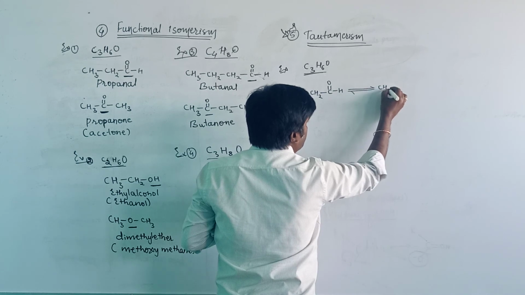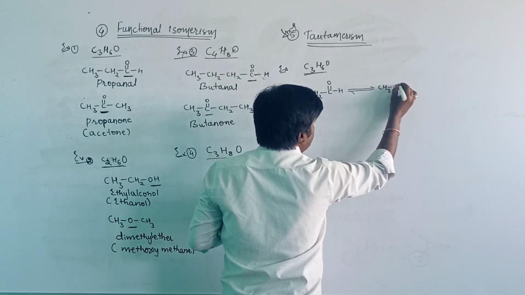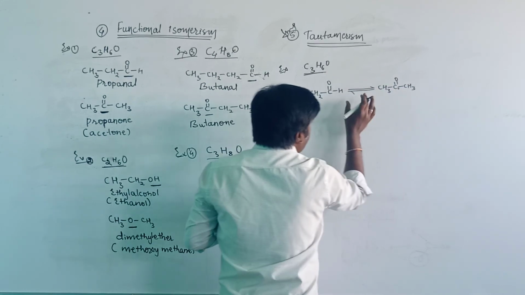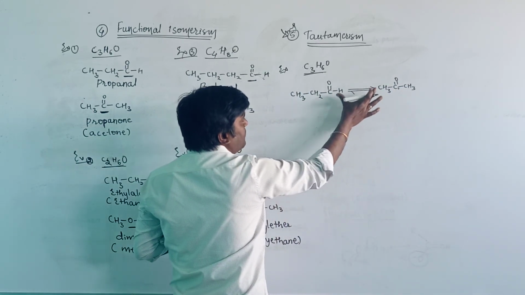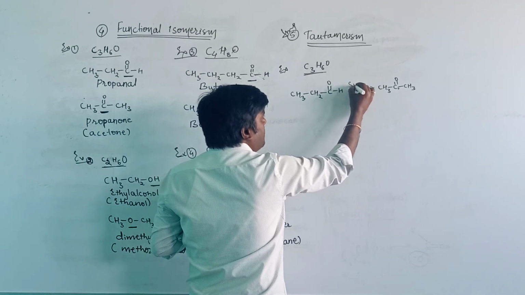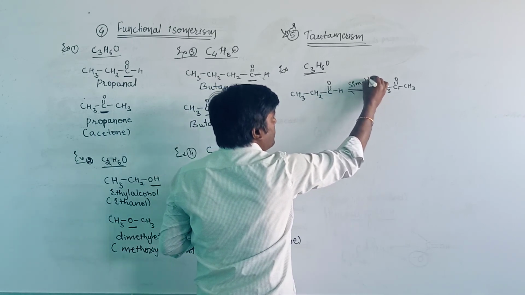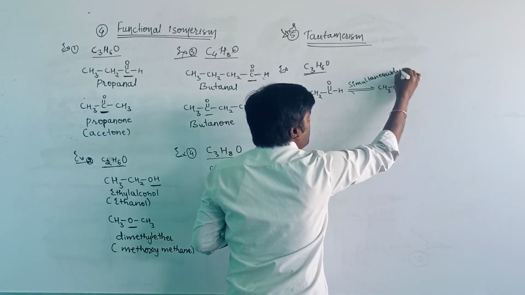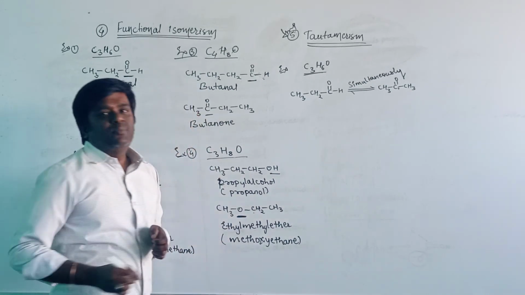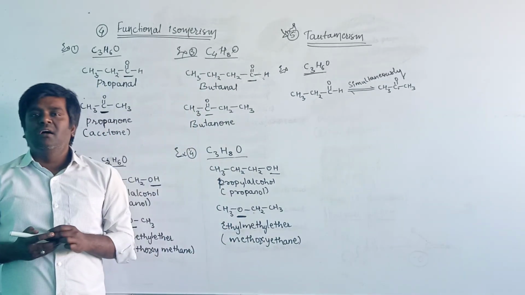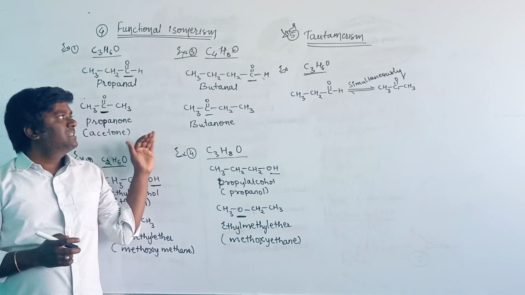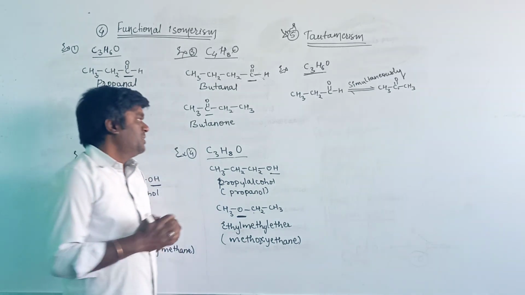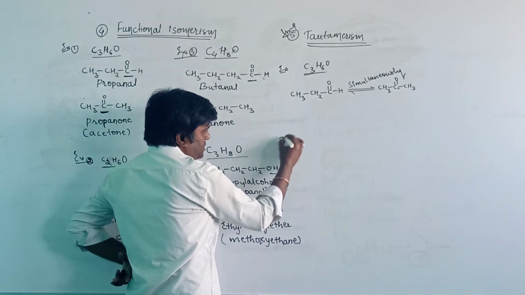The next compound is the ketone, CH3 double bond O CH3. Here also a dynamic equilibrium exists simultaneously between the two functional groups. Then they are known as tautomers, and that process is known as tautomerism. This is about the structural isomerism.